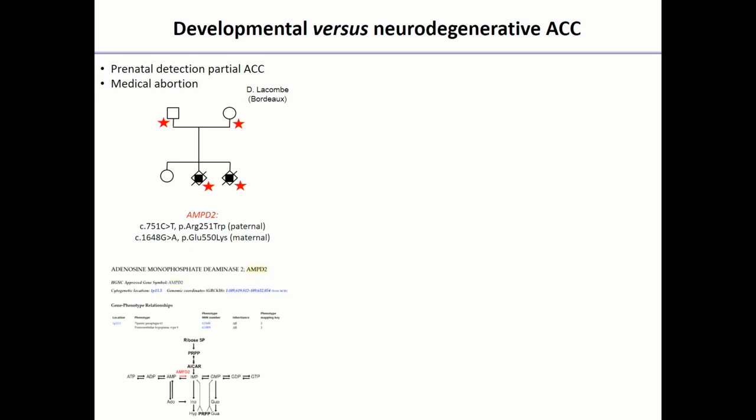So AMPD2 encodes the adenosine monophosphate deaminase 2, which is an enzyme converting adenosine monophosphate into inosine monophosphate. So it's involved in the purine metabolism.